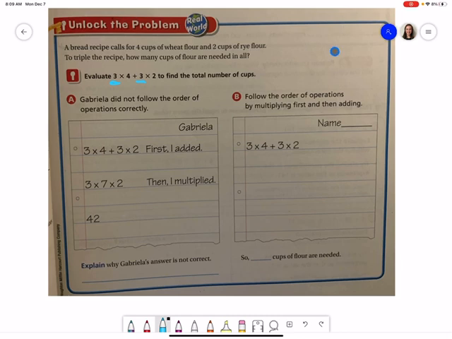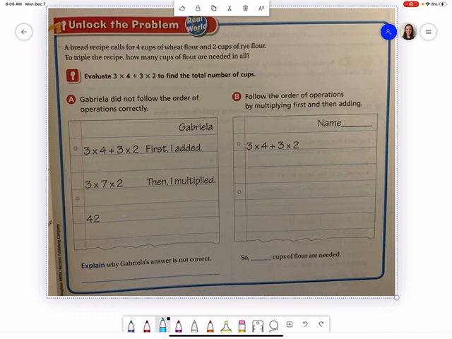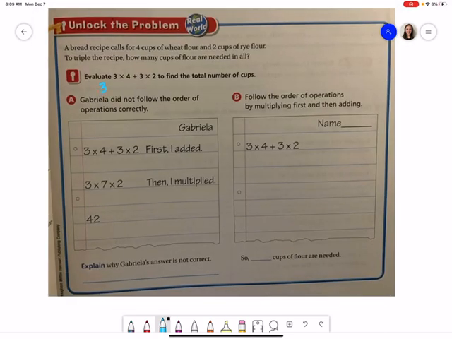I'm going to set up an equation like this. I need 3 times 4 to know how many cups of wheat flour, and 3 times 2 to know how many cups of rye flour.